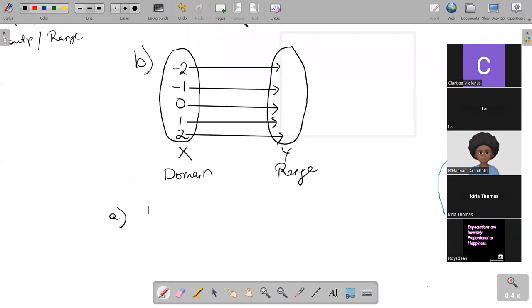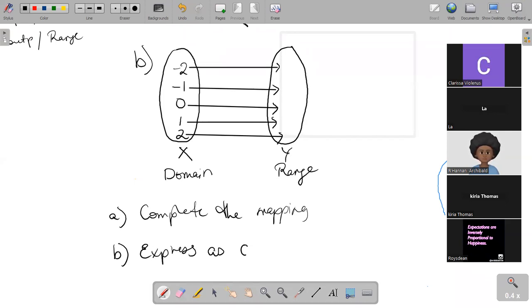So question A would say, complete the mapping. I think a question like this came in 2021. I'm not sure, but something like this came recently in one of the past papers. And then question 2 says, express as ordered pairs.